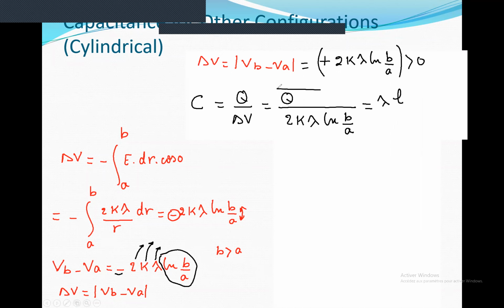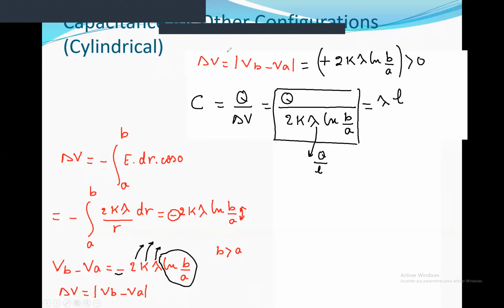This is the final result anyway. But you can put C in terms of lambda. You can put Q equals lambda L, or you can write lambda equals Q divided by L, as you like.